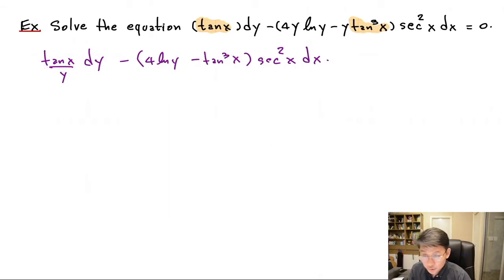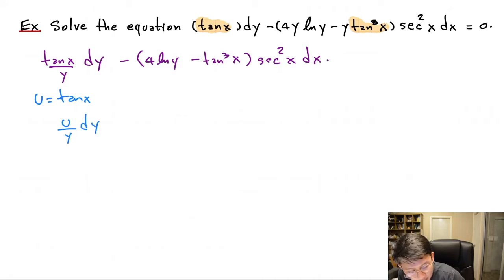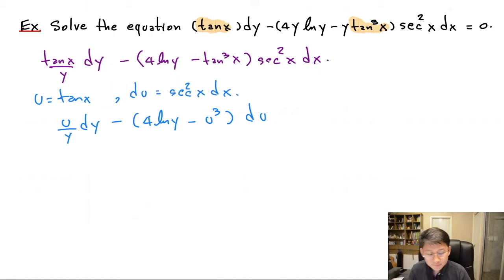Right now I don't know yet either, so just do that first, because it looks really tempting. It looks like it should be right, because you have sec squared x as well. So if I let u be 10x, what I have is u divided by y dy minus 4 log y minus u cubed du, because du is sec squared x dx, equals 0.